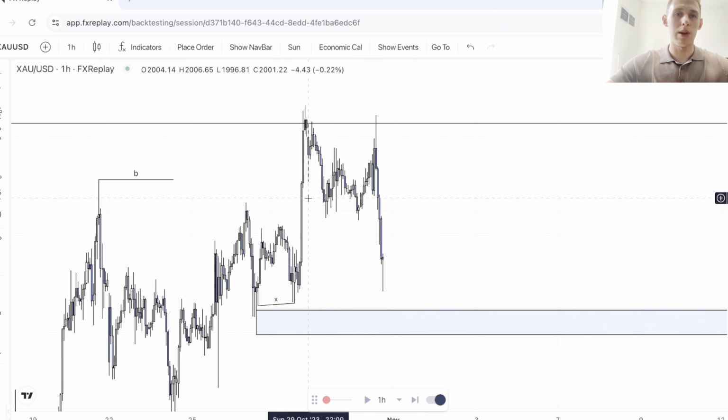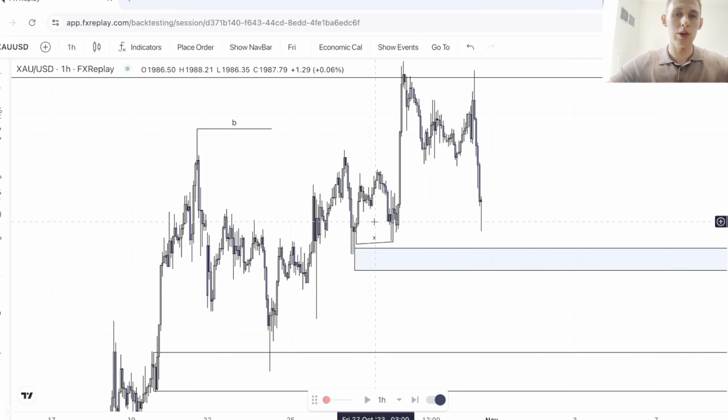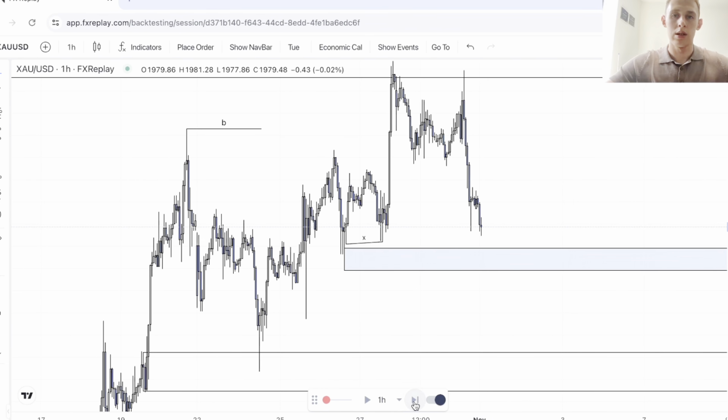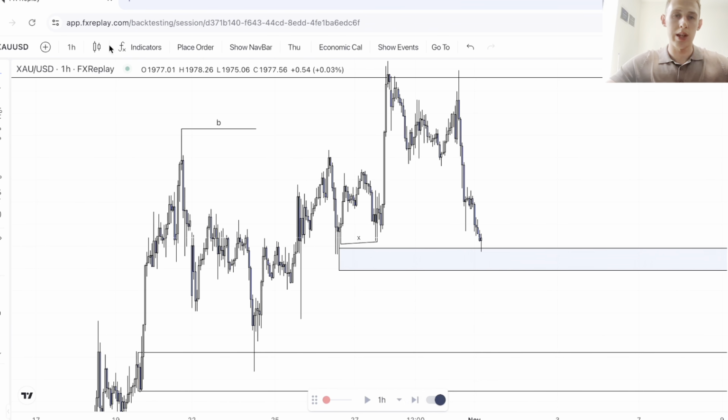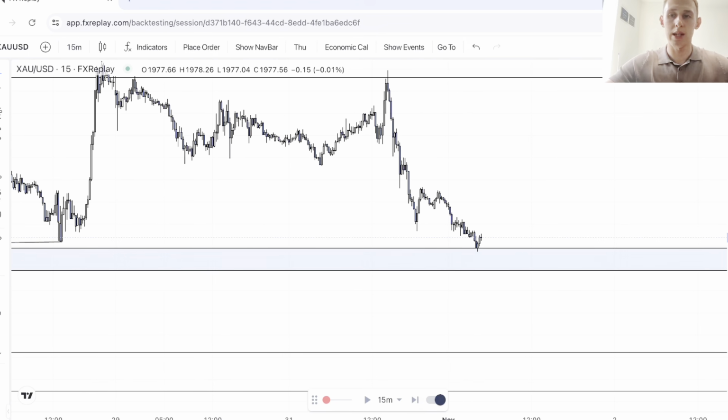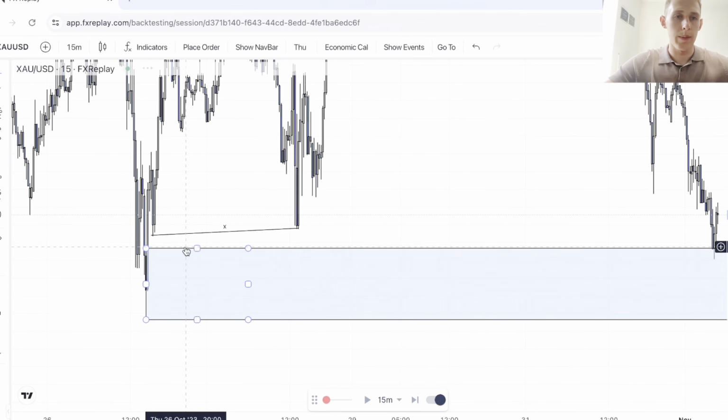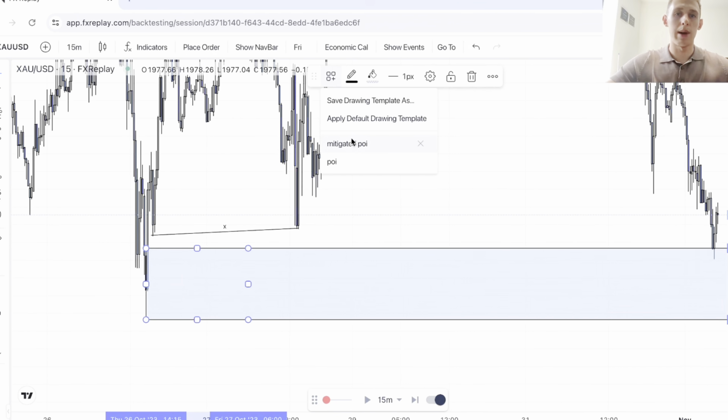What I'm liking now as well is that we've formed these two highs, which I think will probably get taken out. So if price can sweep these lows into the demand, that's where we're going to look for the buys. Let's see, can we get buys here? I'm going to change the color of the demand now as well.